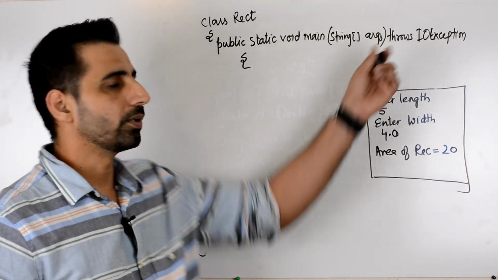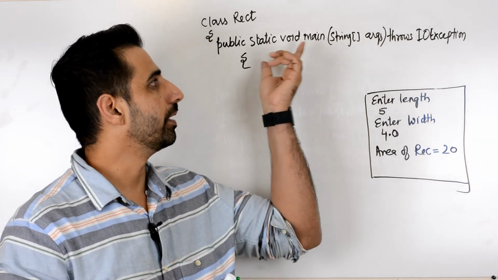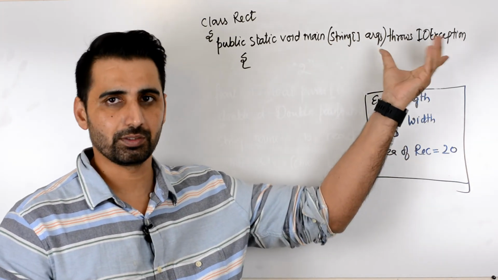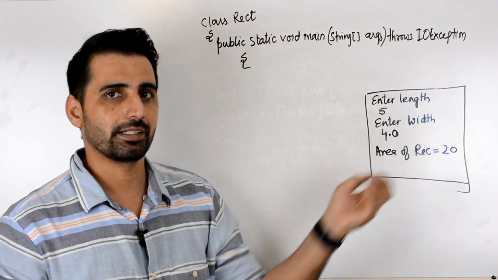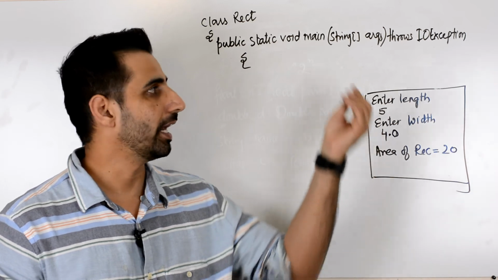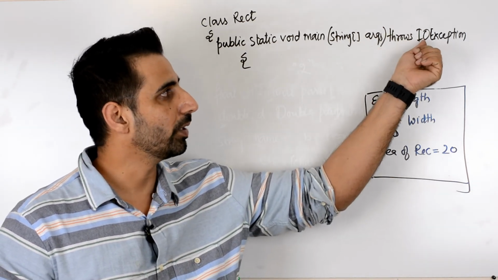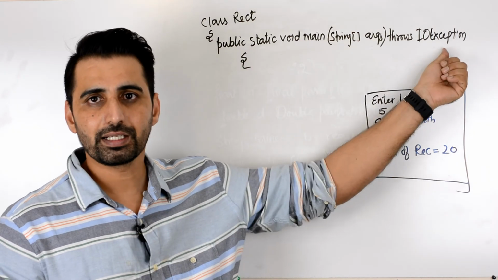So we have to write throws Exception. In the previous one I think I forgot to tell you that with the main we have to write throws Exception. That means if there's any error, like if a string is there, if a user enters an integer, for catching an exception we have to write throws IOException. I capital, O capital and E should be capital, and Exception.